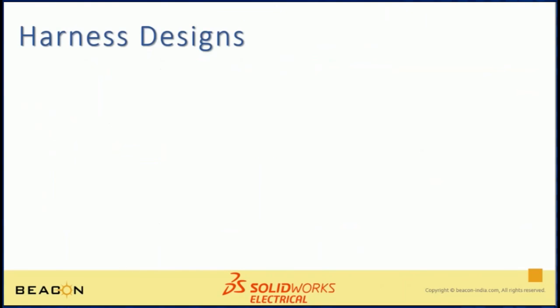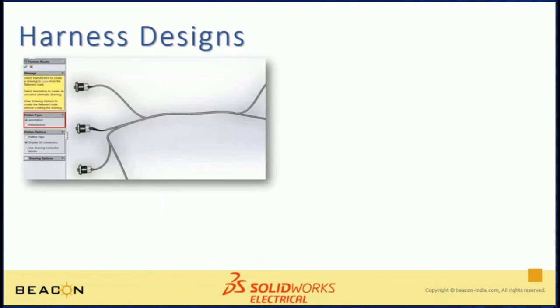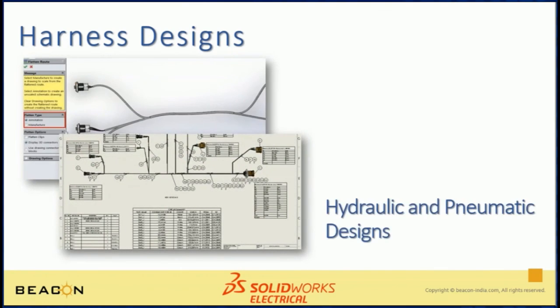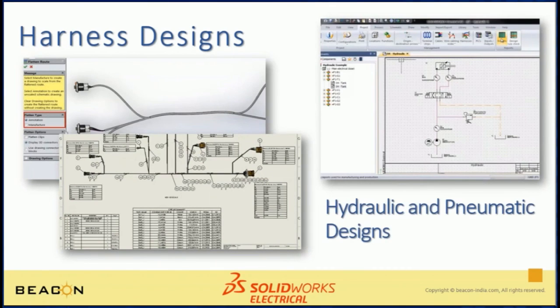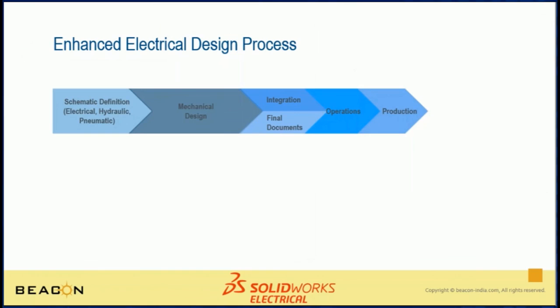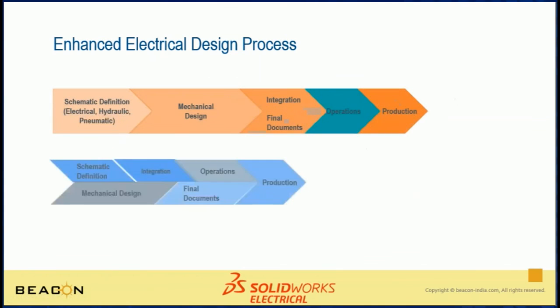Coming to the SolidWorks Electrical platform, not only panel layouts, we can also create harness drawings, and hydraulic and pneumatic designs can also be created. So we have overcome the tedious electrical design process with an enhanced electrical design process, where we work in parallel. Once the schematic definition is created, the mechanical designer gets the components that we have added in our project, and both are integrated in one platform.